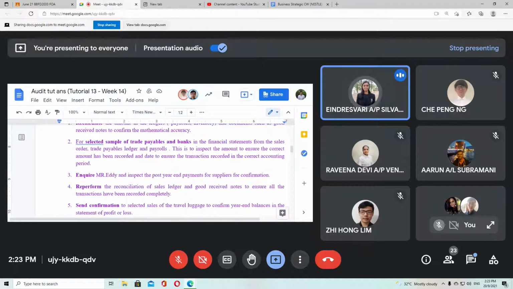Enquire and inspect to do with sales. 3 is wrong. Number 4, perform reconciliation of sales ledger and goods received note.